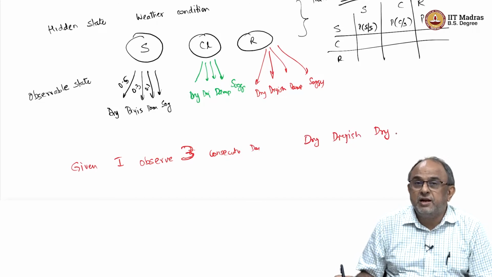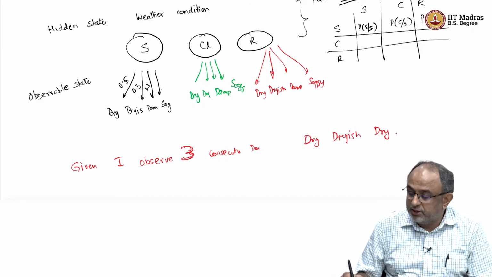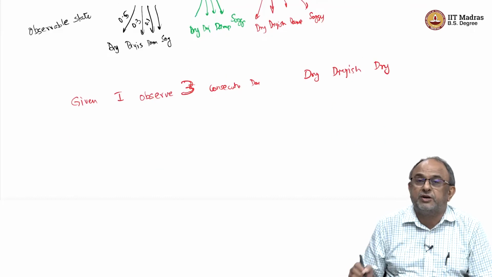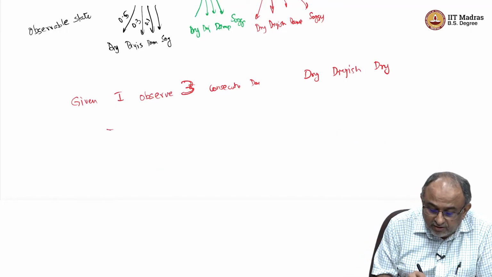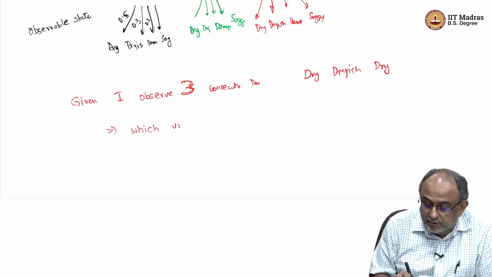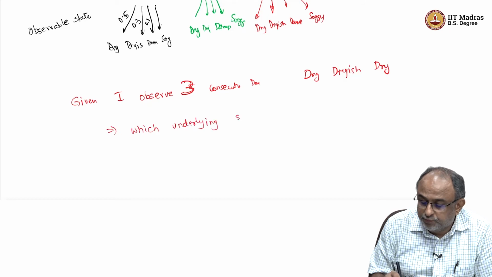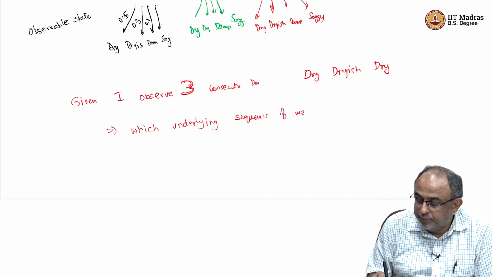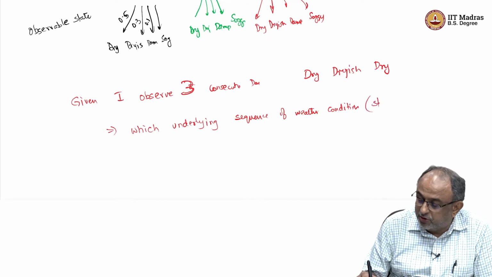Which underlying weather condition, which sequence of weather conditions, best explains this observation? Or states, right.